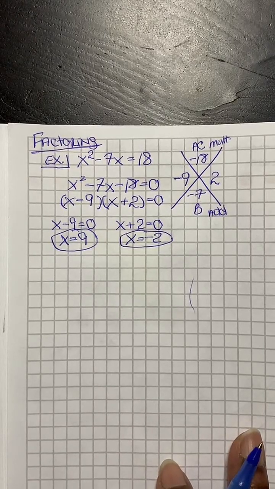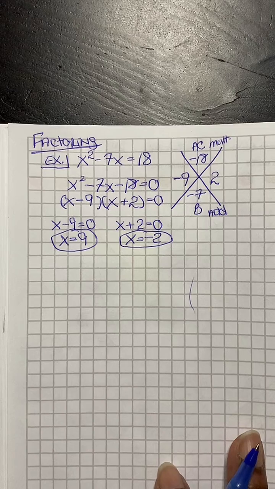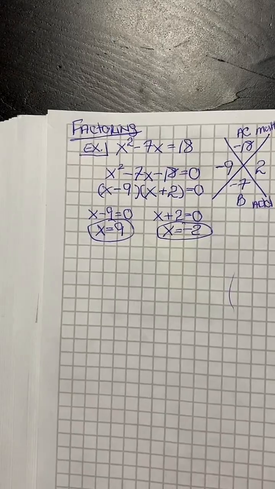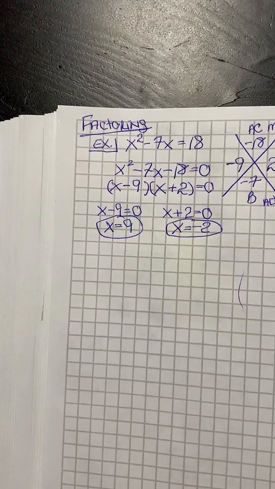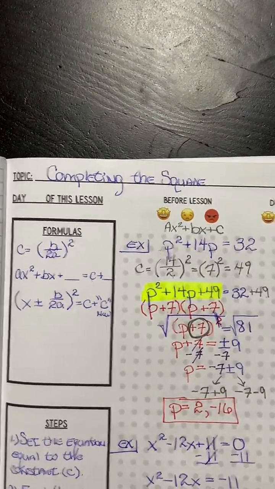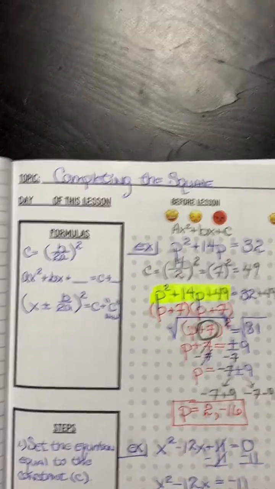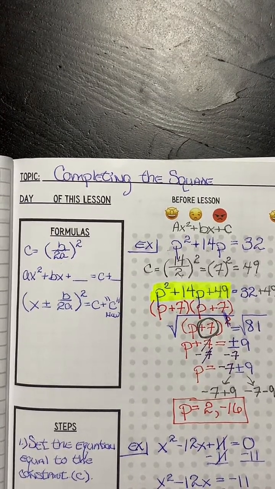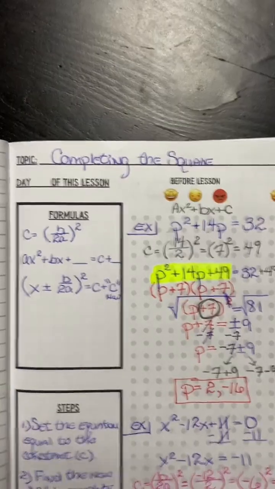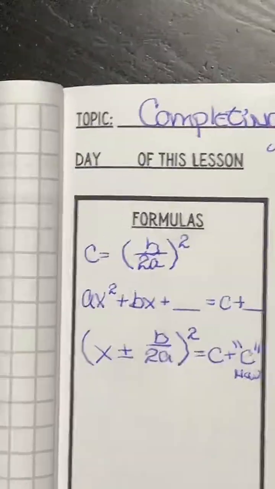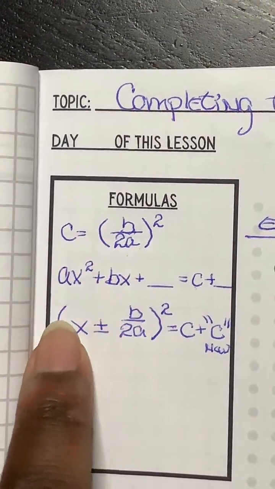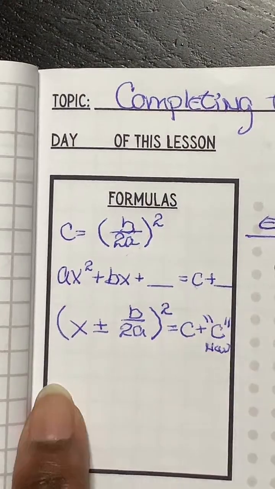Sea breeze. Quadratic equations. Yes, sir, ma'am. All right, so this whole extravaganza all started with completing the square, which everyone loved. Being sarcastic. Everyone loved the completing the square. So it all hones in on this lovely formula, where we had to find our C. We had to do some isolation.